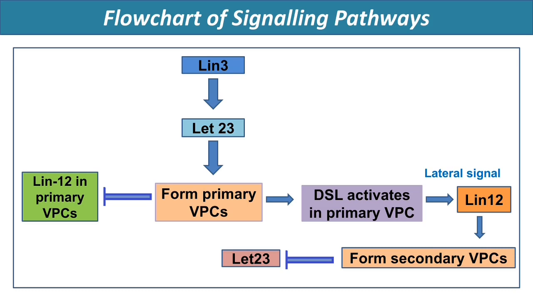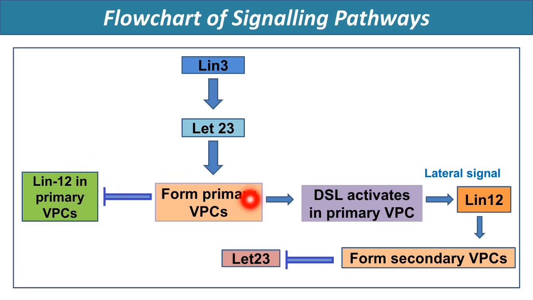And next, see, there is inhibition of Lin-12 in the primary VPC, and this is the main reason due to which primary VPCs are not converted into secondary VPCs.